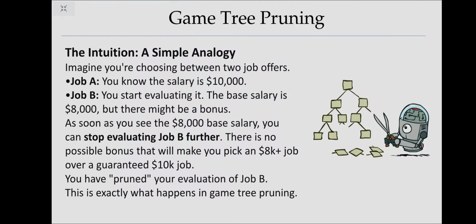In pruning, when you have an opportunity to check a new branch whose benefit is less than the accessible benefit or accessible utility, you stop the expansion.